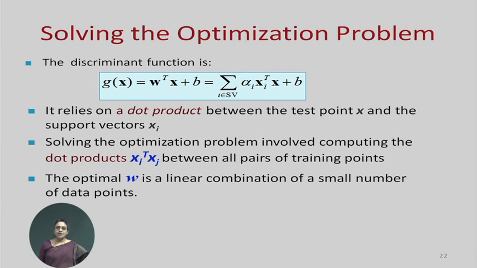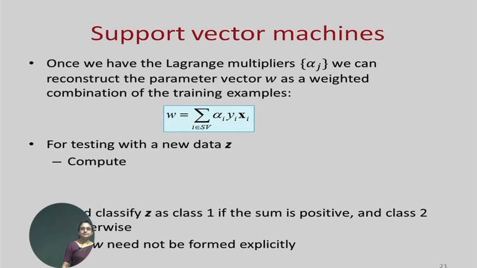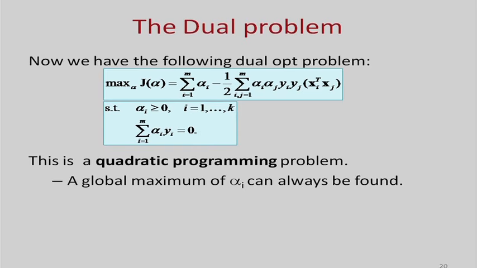When we solve the optimization problem also, if you look at this formulation, what we have is the dot product of the training points. So, alpha I, alpha j, yi, yj is either plus 1 or minus 1. So, these are very simple to compute, multiply, and xi transpose xj, the dot product of xi and xj.